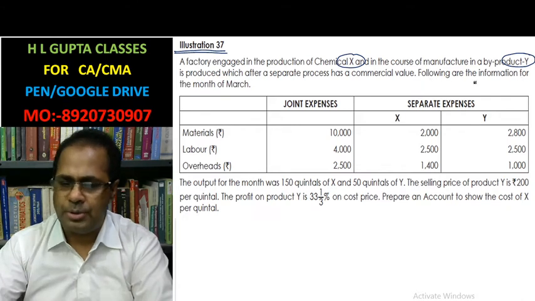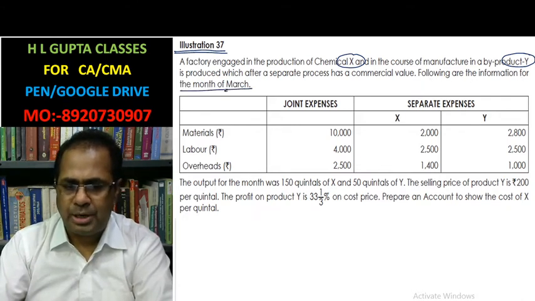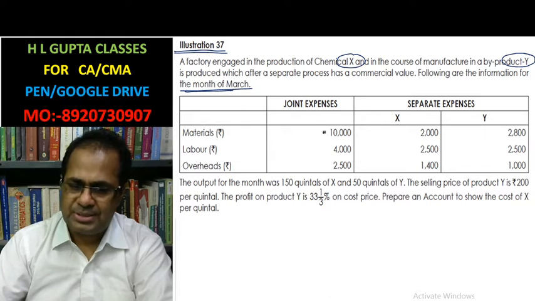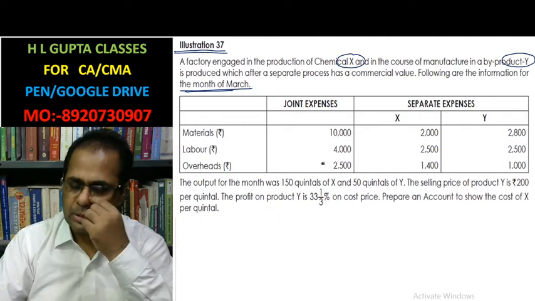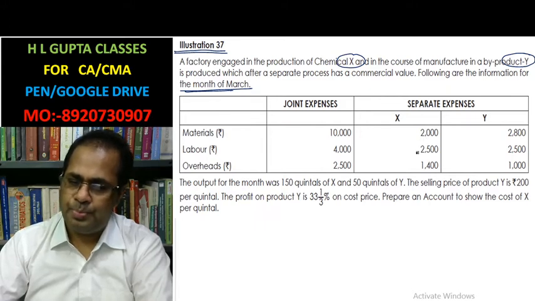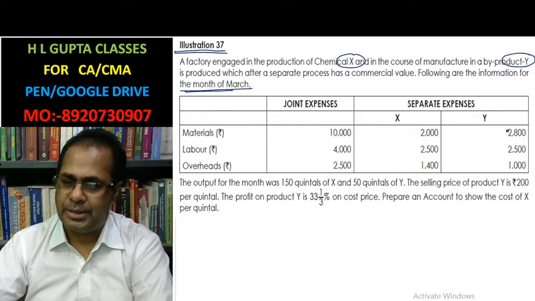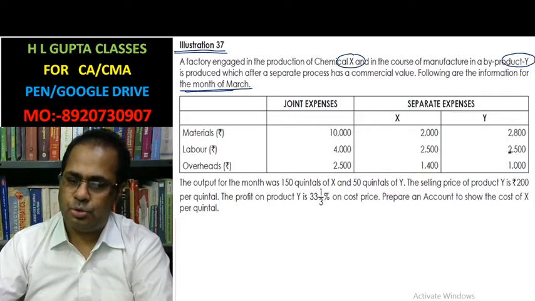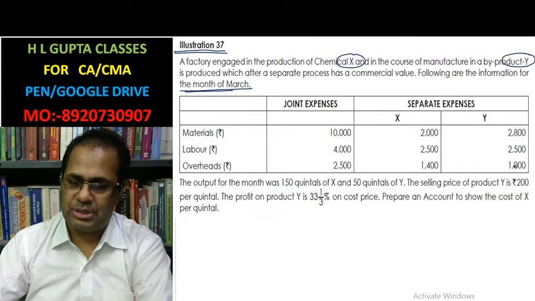Following is the information for the month of March. Joint expenses: material 10,000, labor 4,000, overhead 2,500. Separation expenses for X: material 2,000, labor 2,500, overhead 1,400. For Y: 2,800, 2,500 and 1,000.